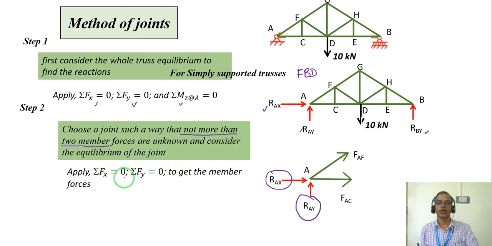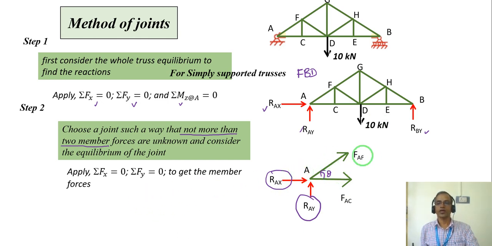I can apply 2 equilibrium equations, summation Fx equal to 0 and summation Fy equal to 0, and I can find out the FAY because I know the angle theta. Tan theta is the opposite by the base side, so theta equals tan inverse of that, which gives me the angle.